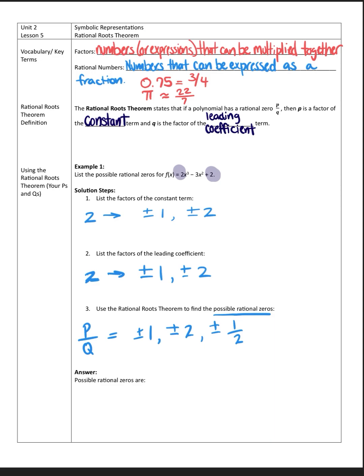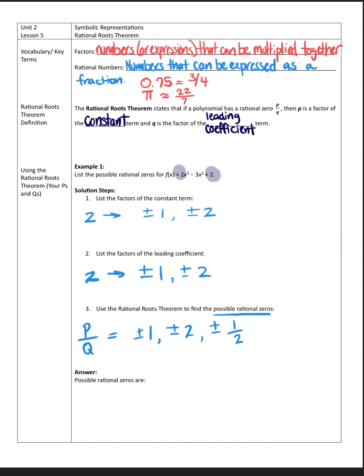So let's think about it like this. I could take this negative 1 here and put that over this negative 1 here, and that would give me positive 1. I could take this negative 1 and put it over this positive 1, and I would get negative 1. I could take this 2 over this negative 1, get negative 2. I could take this 2 over positive 1 and get positive 2.